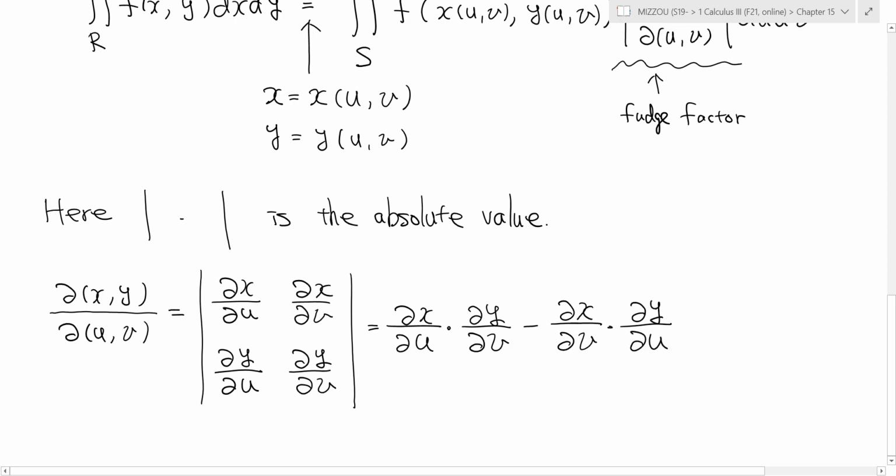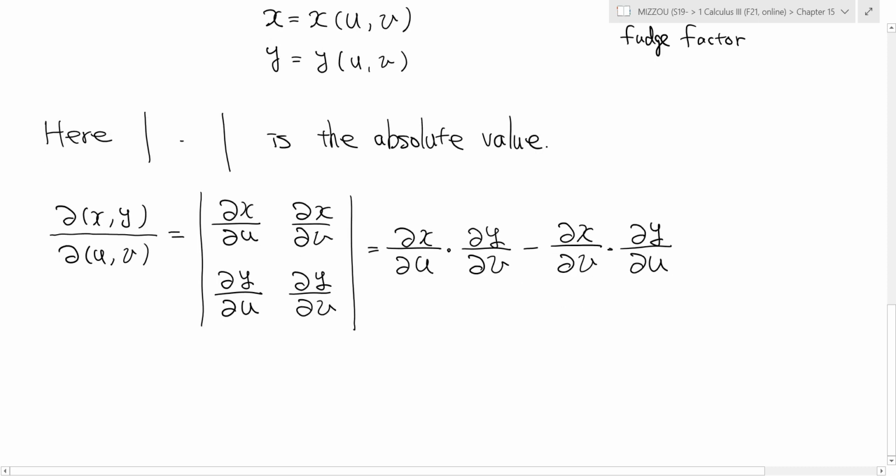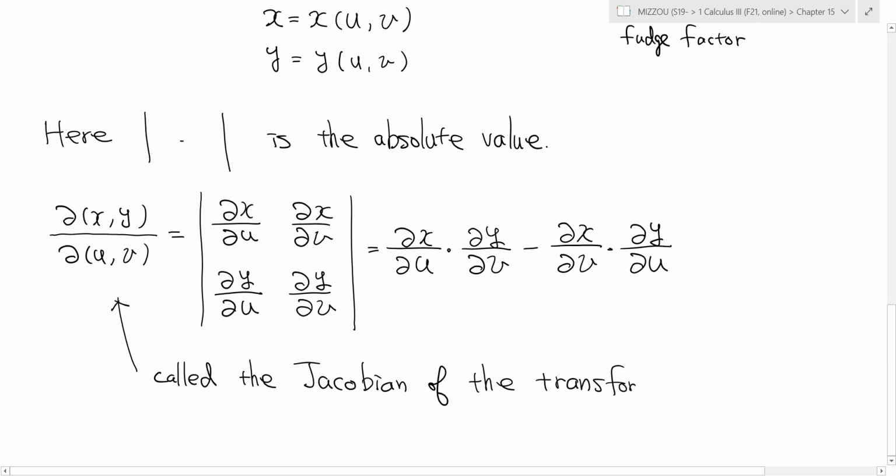And this is called the Jacobian of the transformation, or the Jacobian of the change of variables. This thing is called the Jacobian.